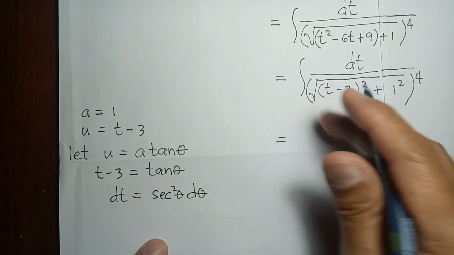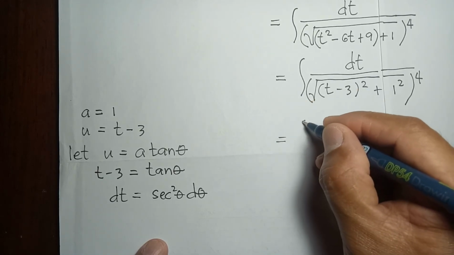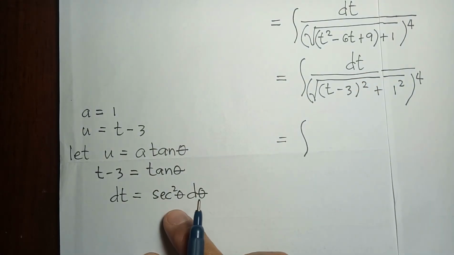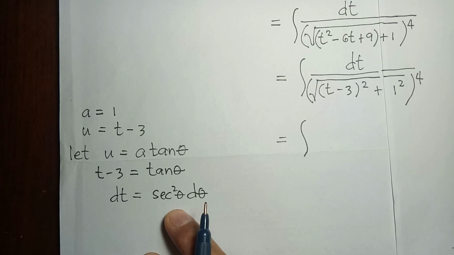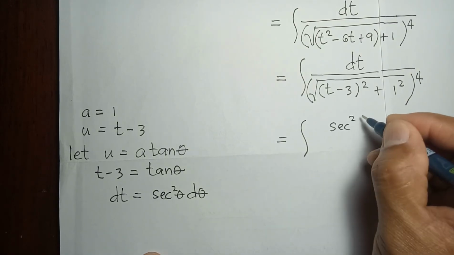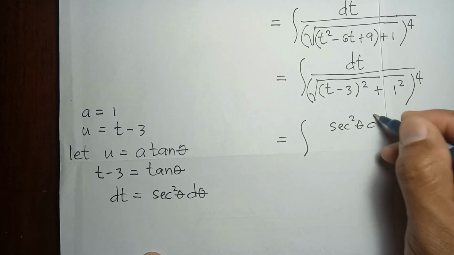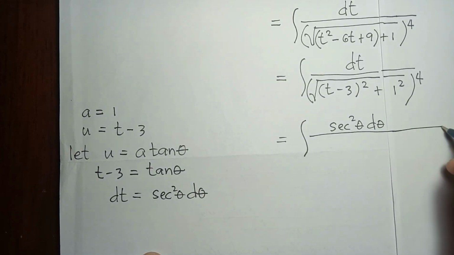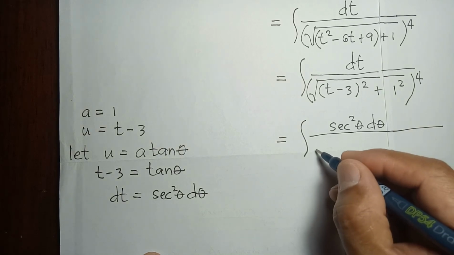So, we have the integral sign. Yung dt, papalitan natin siya ng secant squared theta d theta, divided by, meron tayong square root.